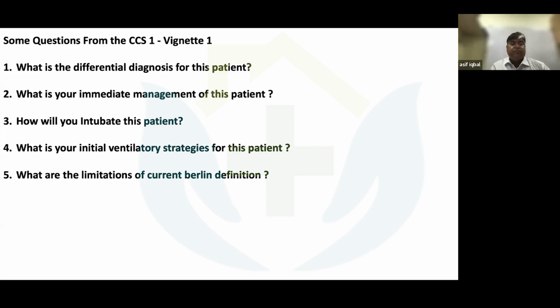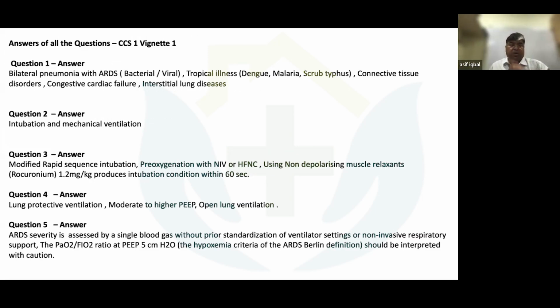This kind of question. So first, if the question is the differential diagnosis, you have to tell what the differential diagnoses are in CAP or in pneumonia.